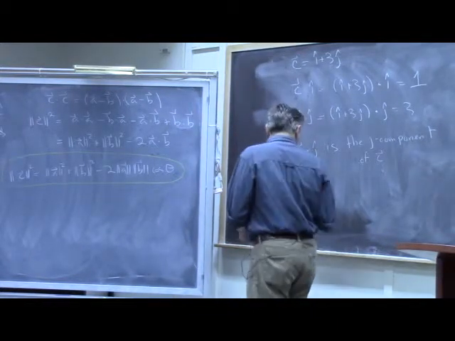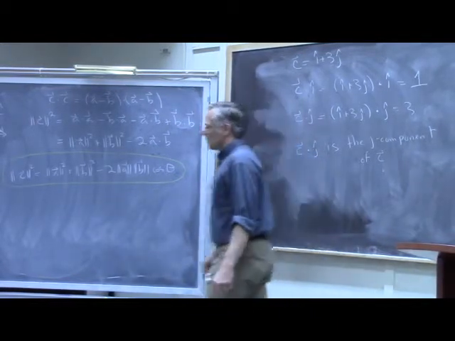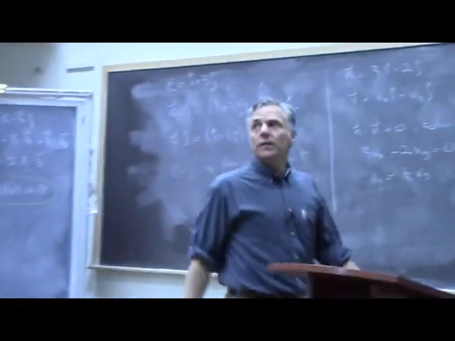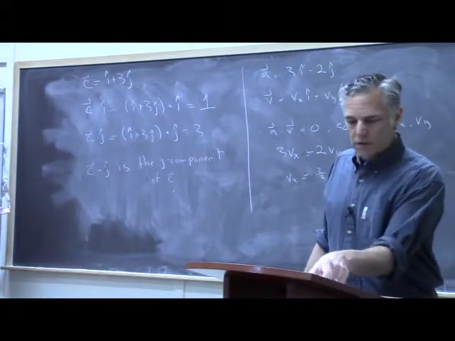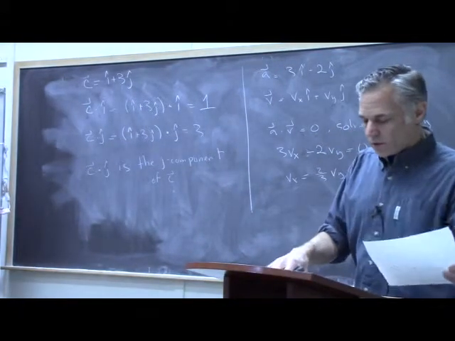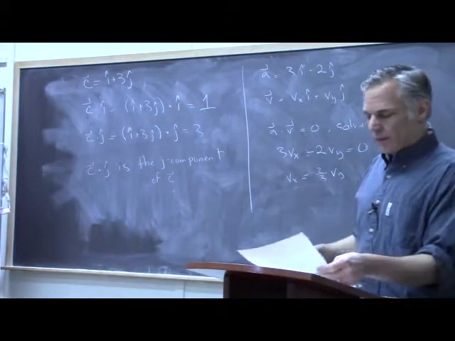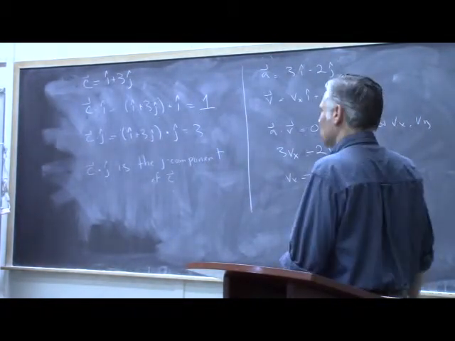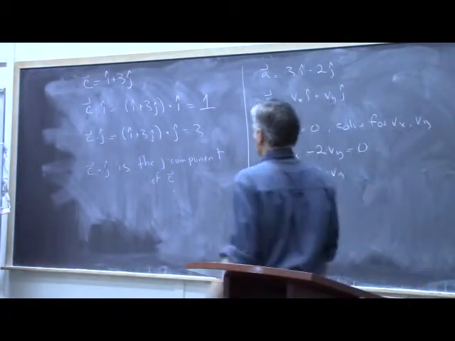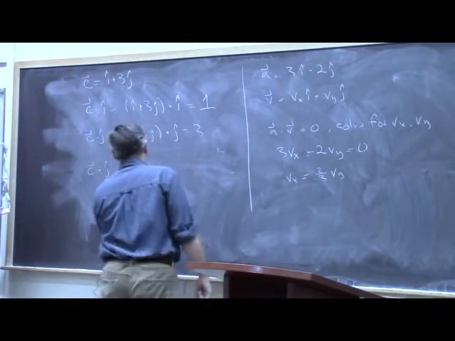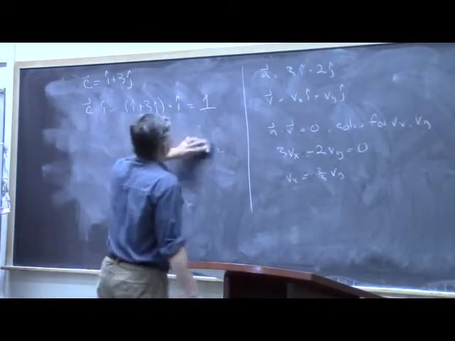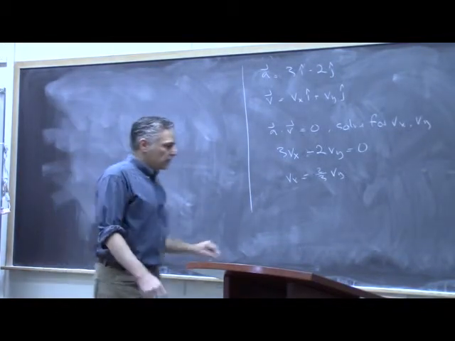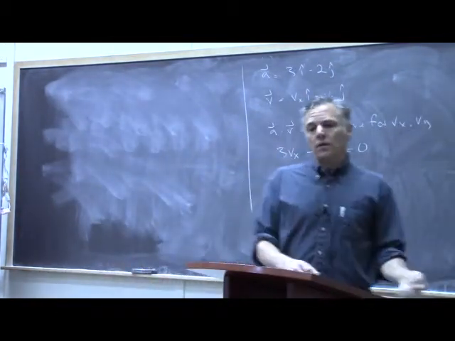All right, so let's now talk about planes. So this is what some of you were looking at with problem 11. And maybe I'll start over here. All right, so planes, they're linear functions of two variables.